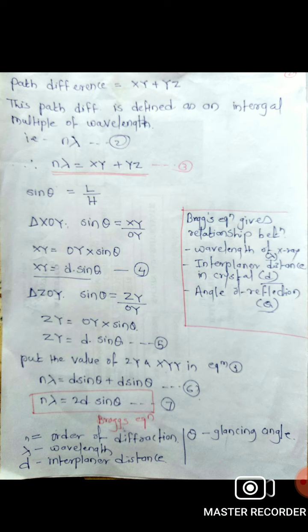For the triangle XOY, the length of perpendicular arm is XY and the hypotenuse is OY, that is sin theta is equal to XY upon OY, and XY is equal to OY into sin theta.